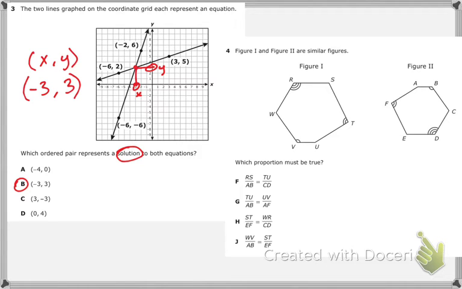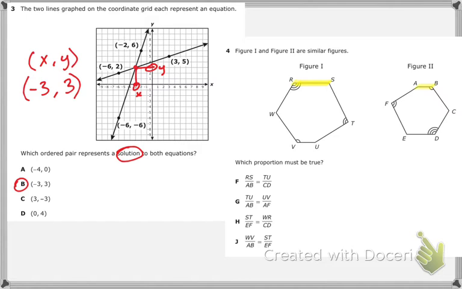For 4, figure 1 and figure 2 are similar figures. Which proportion must be true? So here, let's look at each one. They are saying RS and AB.